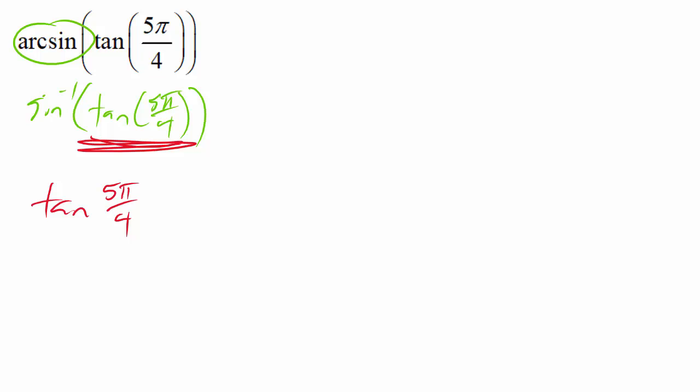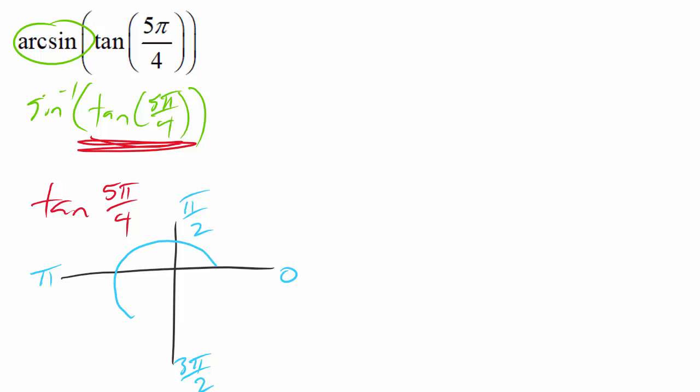All right, so 5 pi over 4, that is going to put us in quadrant 3. So if we were to look at our angle here, there's 0, pi over 2, pi, and 3 pi over 2 here. So this is going to be our angle 5 pi over 4. So here's our right triangle, and that means our reference angle here will be pi over 4.